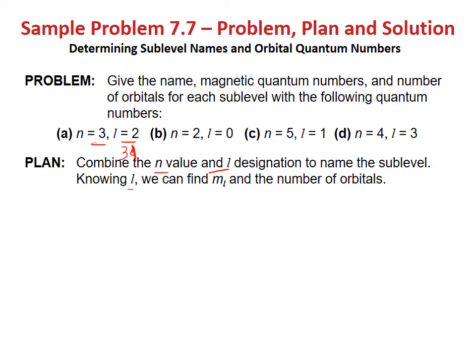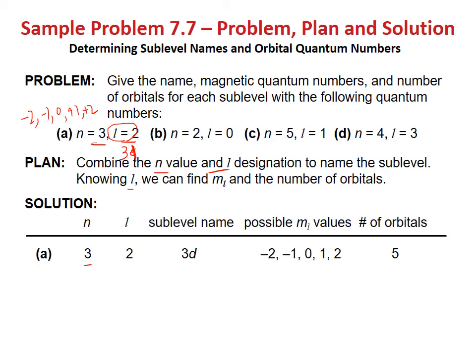And what are the values of m? m is determined by L. When L equals 2, it can be -2, -1, 0, +1, +2. So for A, the answer: n is 3, L is 2, it's called a 3d orbital, the possible values are -2, -1, 0, 1, 2, and there are a total of 5 orbitals.